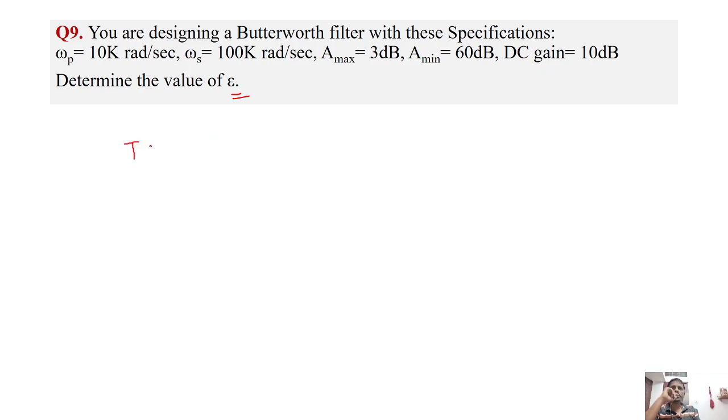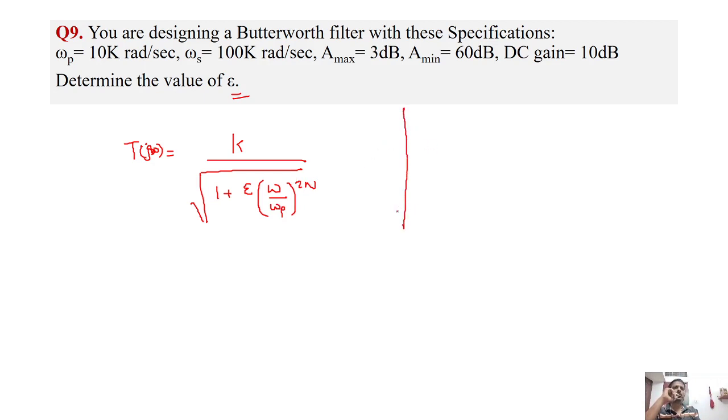Generally, the transfer function magnitude T of j omega is given as K, where K is the DC gain, divided by root of 1 plus epsilon into (omega by omega p) power 2n. This is the general transfer function of a Butterworth filter, and we'll see what omega p and omega s denote.